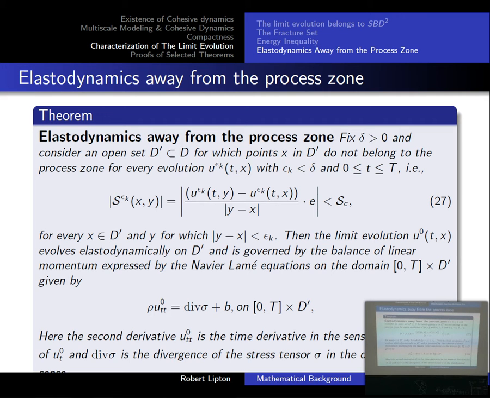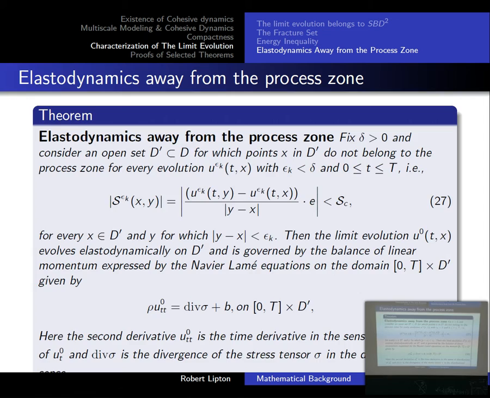and we can pass to the limit, and we actually get that the limit evolution satisfies the Navier-Lamé system, the usual classic elastic system, where this second derivative is in the sense of distributions. And again, the derivative of the stress tensor is in the sense of distributions.